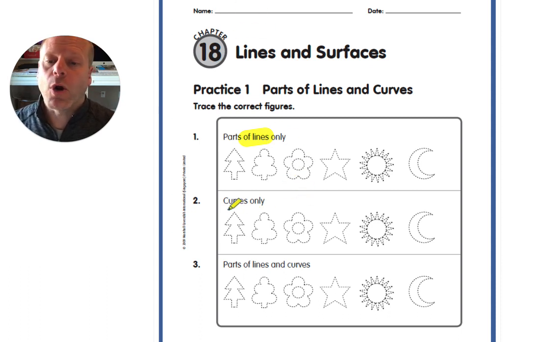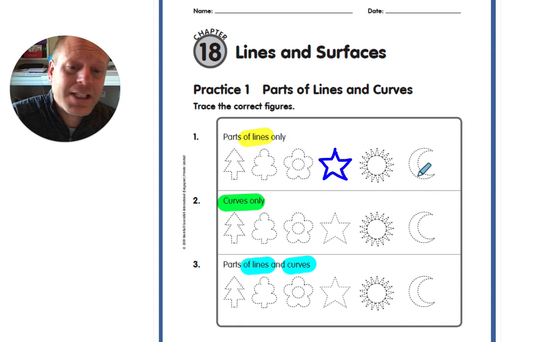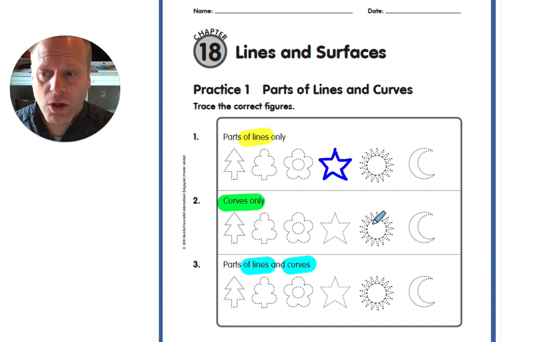For this one, you're only tracing the shapes that are all curves. And for this bottom one, it needs to have curves and lines together. Right? So if you find one, like, hey, look at this. I find this star and it's made out of only straight lines. It doesn't have any bends, no curvy lines, so I'm going to trace it. Right? But I'm not going to trace some of these other ones that have curves all over.